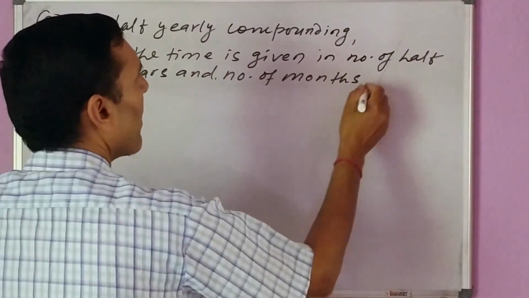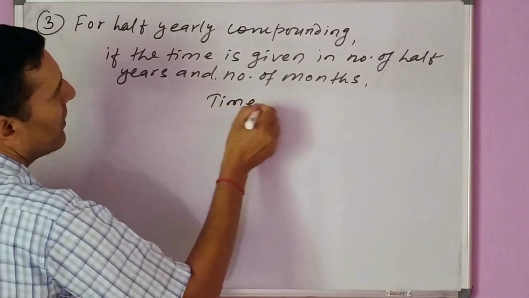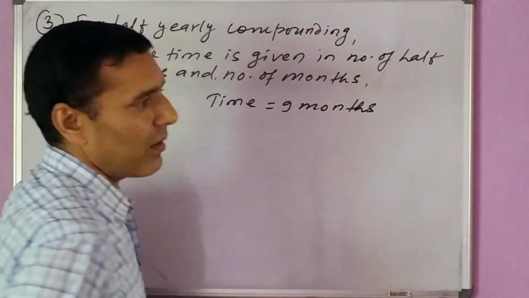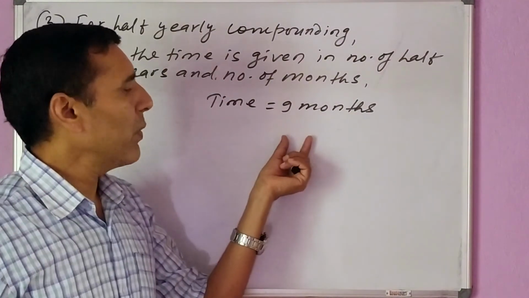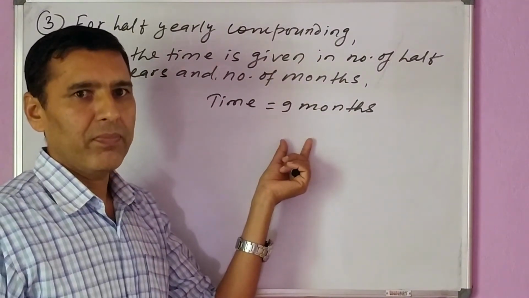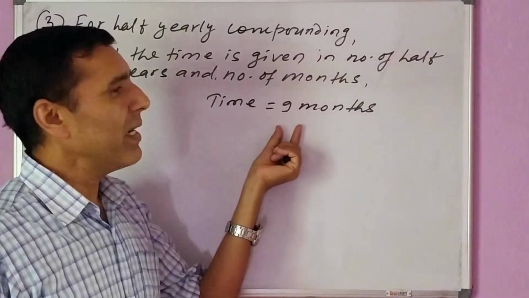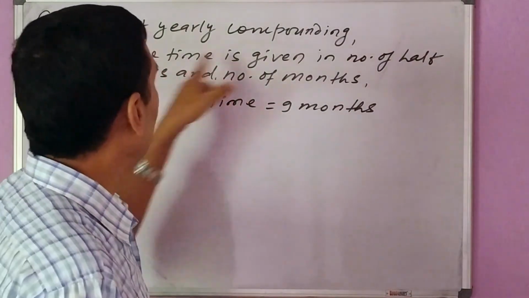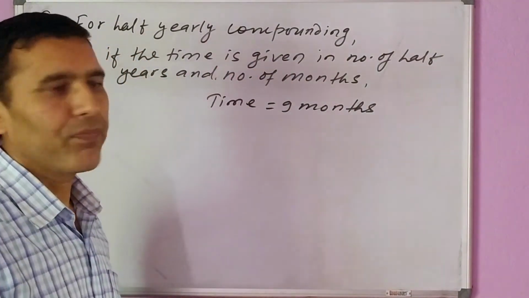That means if you are given the time 9 months and we have to find the compound interest for half yearly compounding, how do we manage this time? The given time is 9 months. First of all, we should understand how many half years are there in 9 months, as we are calculating the compound amount and compound interest for half yearly compounding.